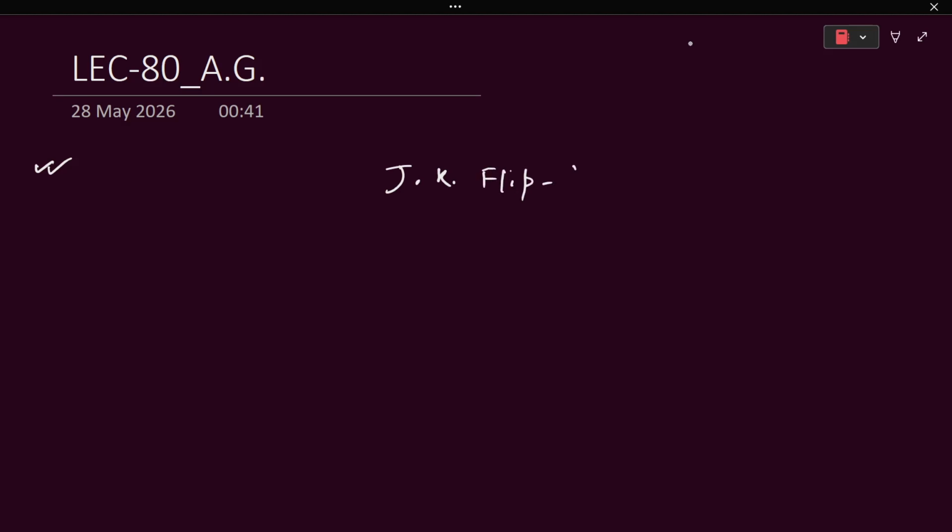Today we will learn what the JK flip-flop is, and why we need the JK flip-flop other than the SR flip-flop we already had, and also for data storing purposes. We know how we designed a D flip-flop and how we use it. Such things we are already familiar with, and today we are going to learn what the JK flip-flop is and why we need the JK flip-flop when we still have the SR flip-flop.